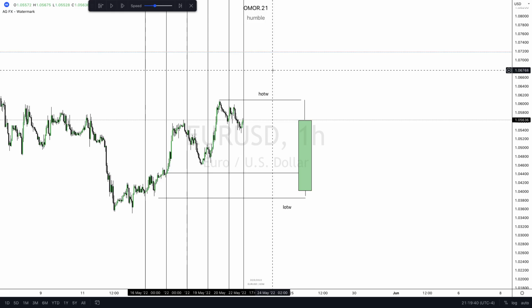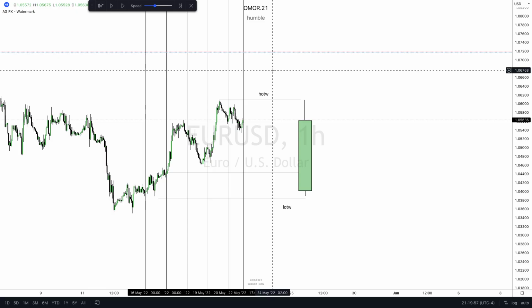And now we are inside of that premium and we are hunting short ideas to form again. The Tuesday, we are currently just floating underneath optimal trade entry for the euro.